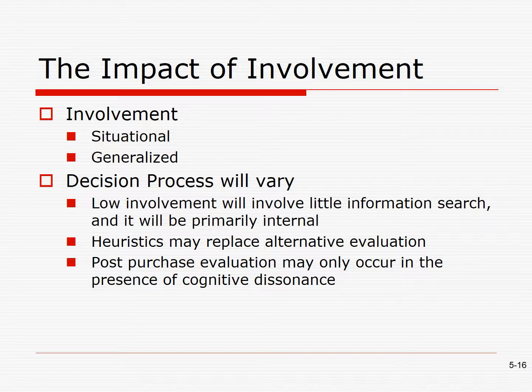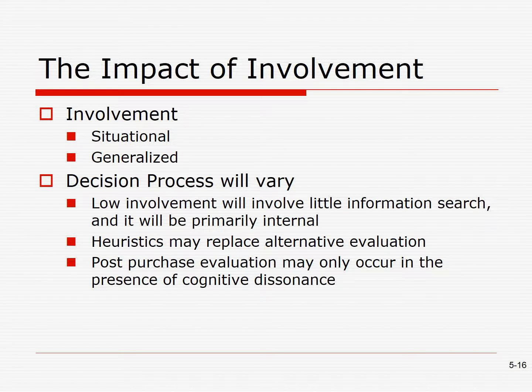And this will vary by things like how risky is the decision, what are the consequences of making a bad decision, how extensive is the need, or how far away is my desired state from my actual state. And all these things will cause a person to be more or less involved in the decision.